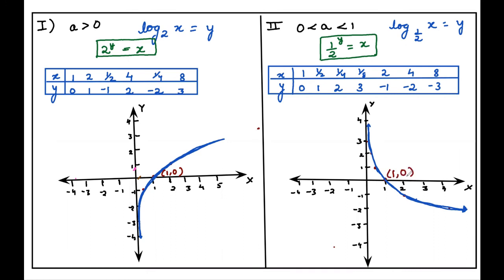So हमने ये देख लिया कि लॉगरिथम और एक्सपोनेंशियल फंक्शंस के ग्राफ्स कैसे होते हैं. सो इन जनरल अगर आप देखोगे, जरूरी नहीं with base 2, with base 3, 4, any base, if a is greater than 0, the graph will always look similar to this. थोड़ा ऊपर नीचे होगा, but it will always pass through 1, 0. And ऐसे ही when a is lying between 0 and 1, the graph will look somewhat like this.